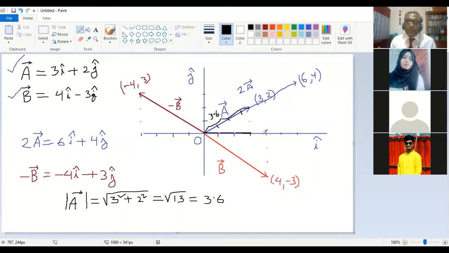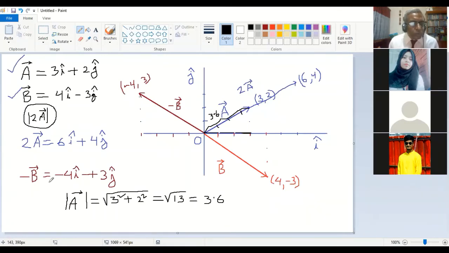This is the understanding. Now, if you want to find out the value of 2a, in the same way you can find it, and that will be double of the a vector. This is very easy to understand. I'm not going to show this; maybe you can do this by yourself.